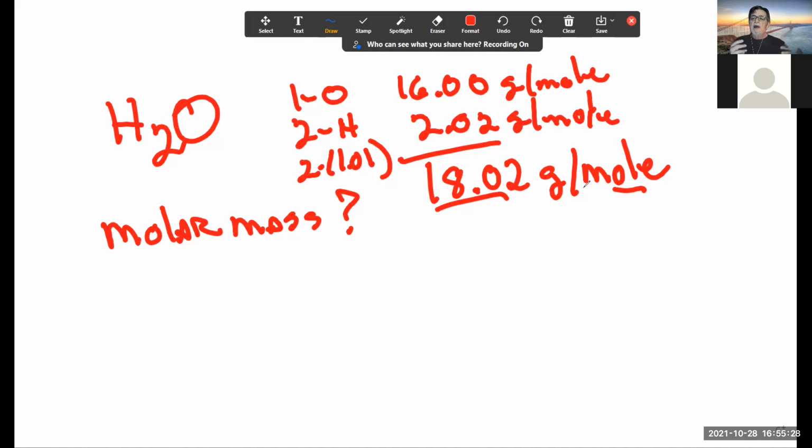Which represents how many water molecules is that? What is 1 mole equal to?